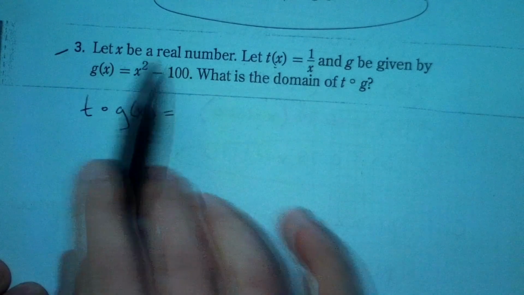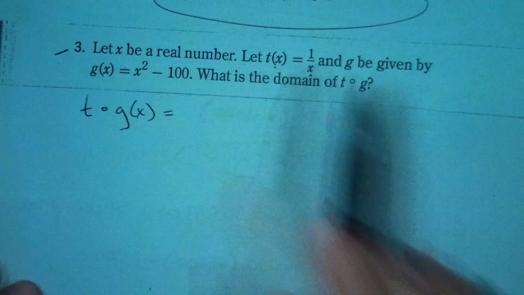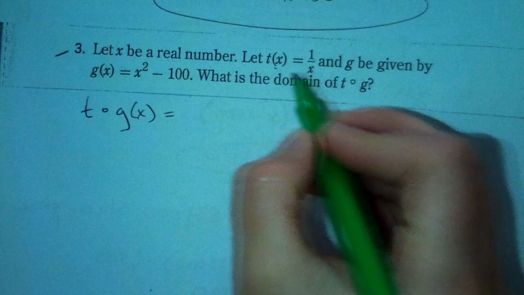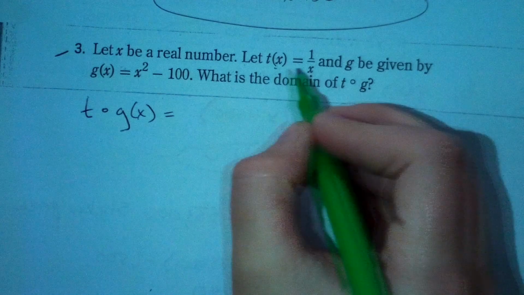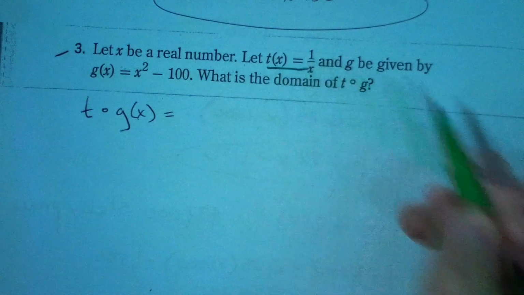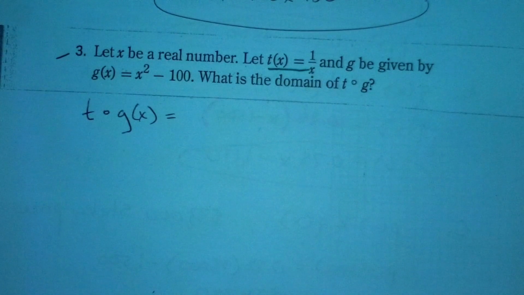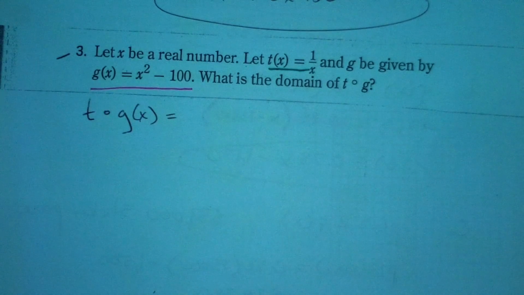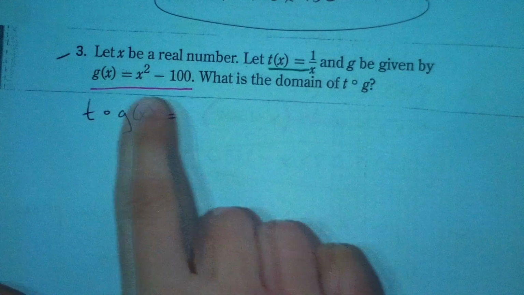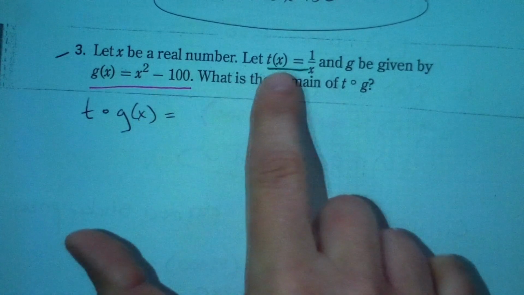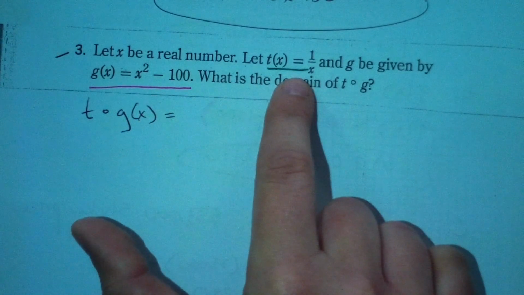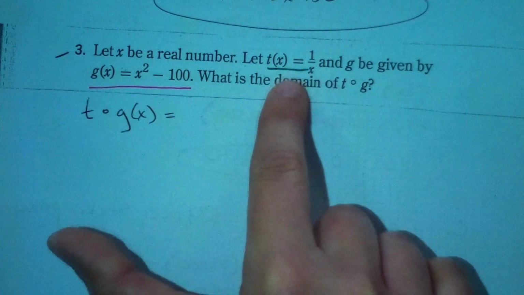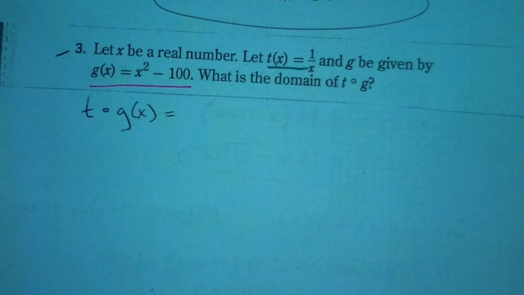So what that means is we're taking whatever this g is and putting that into the other one, okay? So I'm going to use colors again. I think I'm just going to use colored pens instead of highlighters today because it got a little messy with the highlighters. So I'm going to make this t of x one color, and then I'll make this g of x another color here. So I'm taking this g of x and putting it inside this t of x. So my outer one is going to be that t of x, the 1 over my x value.